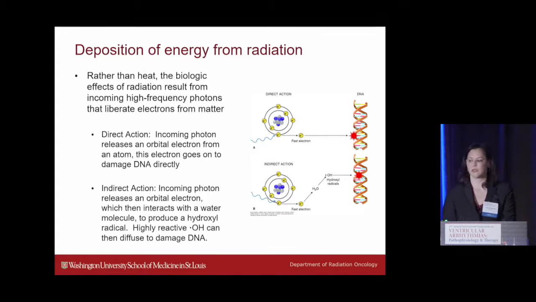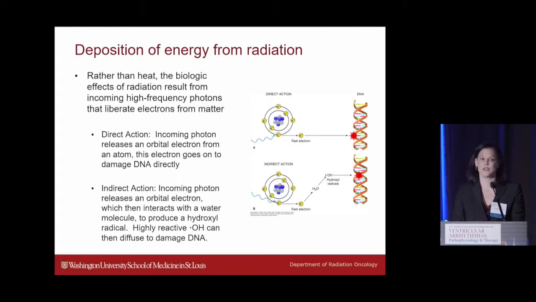Once liberated, these electrons can either directly interact with the DNA and damage it, or interact indirectly with a water molecule to produce a hydroxyl radical that is highly reactive and can diffuse a short distance to damage the DNA.